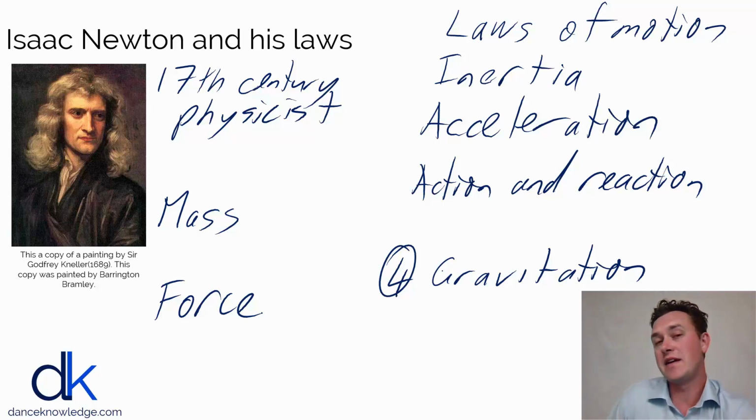And the only way that they can move is either through an internal force, that is through the use of their muscles, or an external force, be it gravity or the floor or the bar or their partner. So in order to understand the way a dancer can move around in space, we really have to have a good understanding about these 4 laws of motion and then how they can help, or how really they define the way a dancer moves around through space.